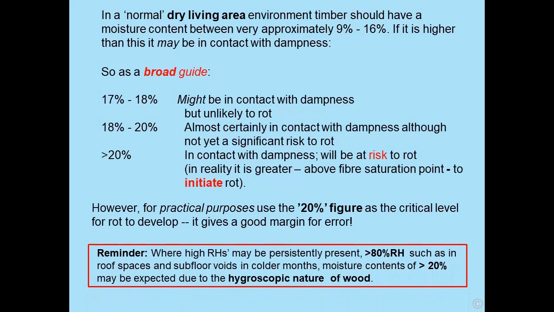However, as a reminder, where high relative humidities may be persistently present, namely 80% plus, and these you find in roof spaces and subfloor voids in the colder months, one may expect moisture contents in excess of 20% due to the hygroscopic nature of the wood. Bear that in mind.